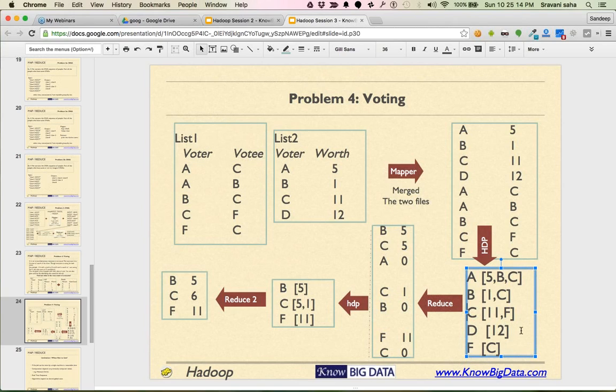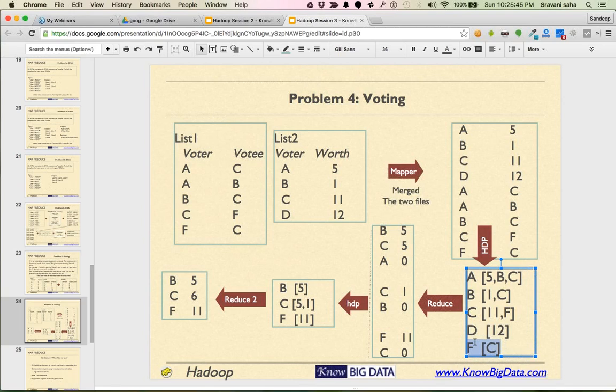Similarly, for this one, we do the same thing. C has voted for F and C's worth is 11. Therefore, F has got 11 and C has got 0 because of voting. Because at the end of the day, when somebody is voting for somebody, he's not getting the vote count unless somebody else votes for him. Now here, D's worth is 12, but he has not voted for anybody.